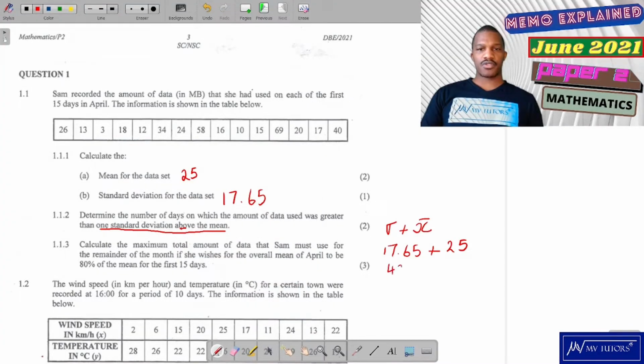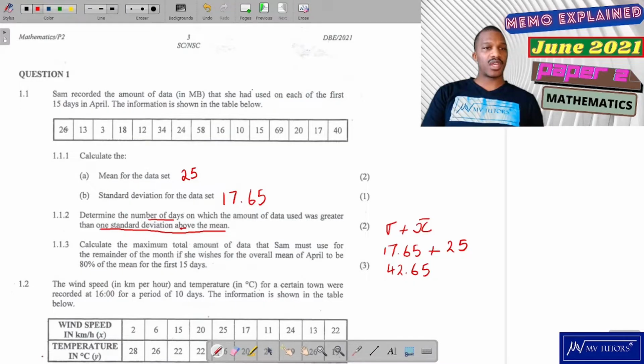So that's 42.65. Now, what do we do with this? It says determine the number of days. So when it says number of days, we are looking for the number of days where the data is above 42.65.